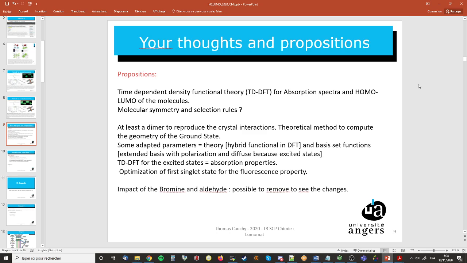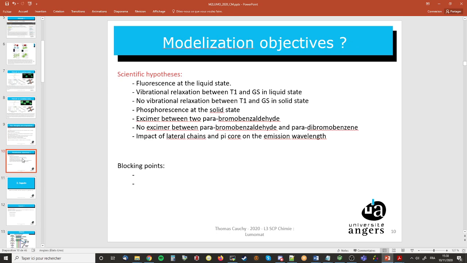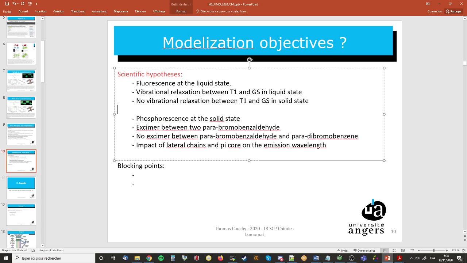You should start with listing what are the propositions that you want to check. So in our presentation of the article, we have seen that there is a fluorescence at the liquid state. You have a vibrational relaxation between T1 and the ground state in the liquid state. But when you go into a solid state, you don't have any more vibrational relaxation.